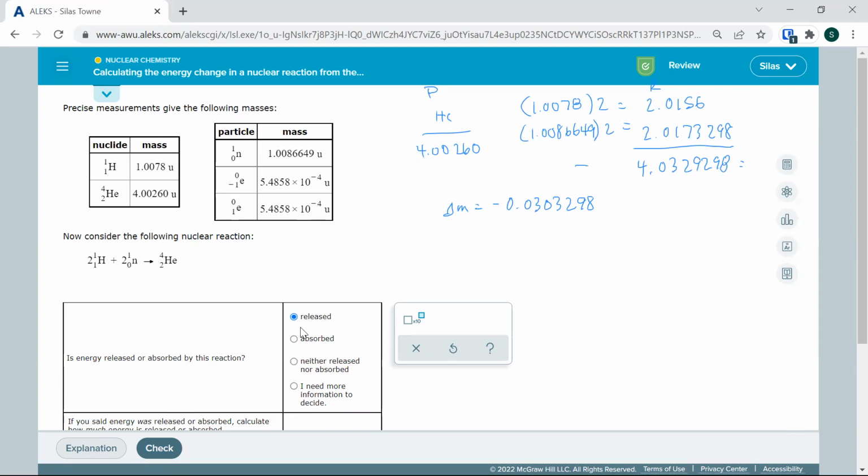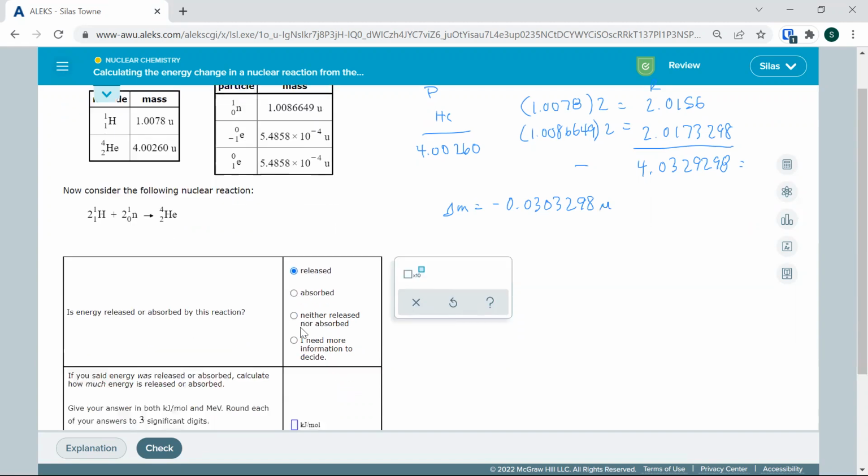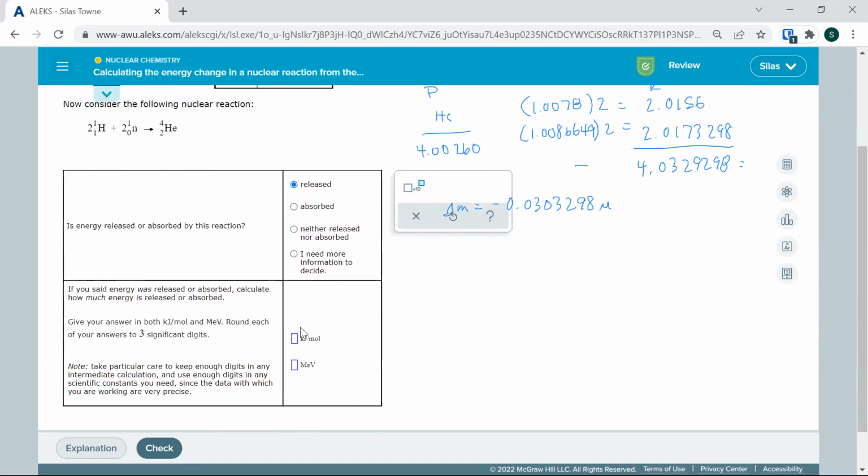Now this is in AMU. So the first conversion, even though MeV is listed second here, I'm going to do that one first because that one's pretty straightforward. We take our AMU and we multiply it by 931.5 per AMU.